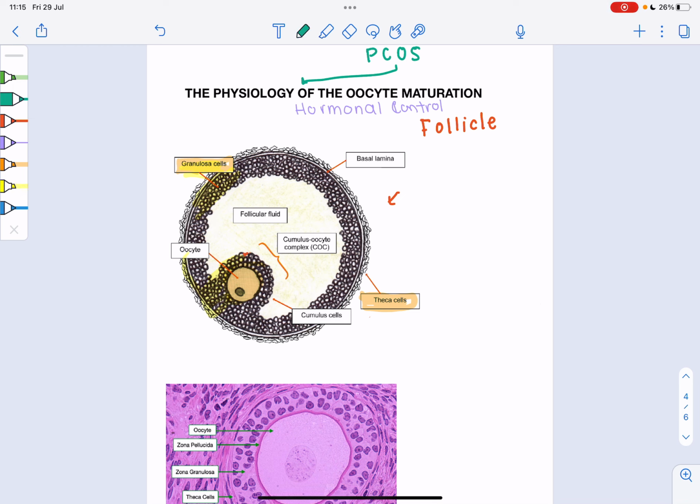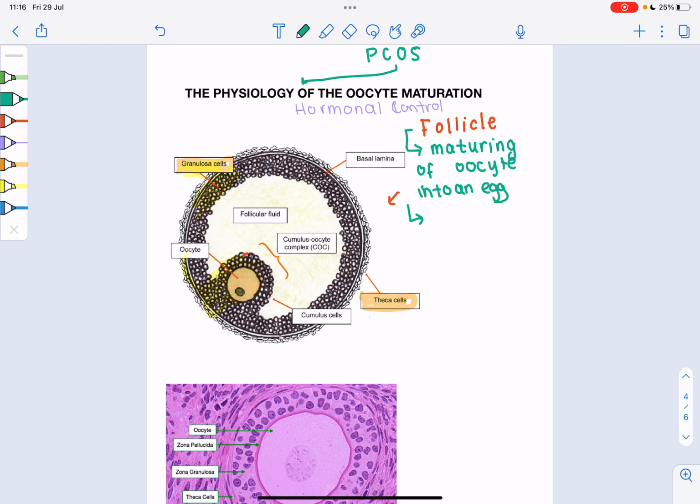So this whole follicle is responsible for allowing the matured egg to be released. So we're trying to mature the oocyte into an ovum, into an egg. So it's kind of like maturing a child into an adult.